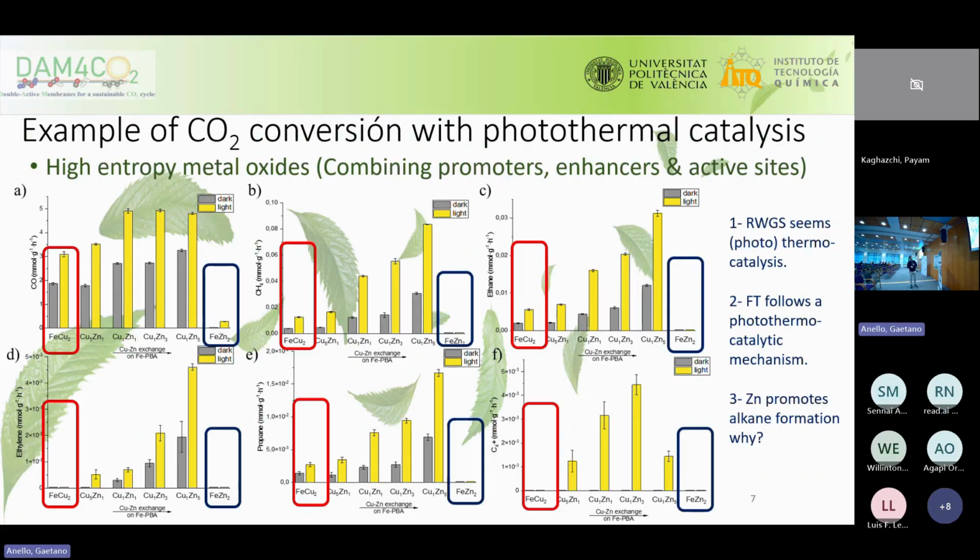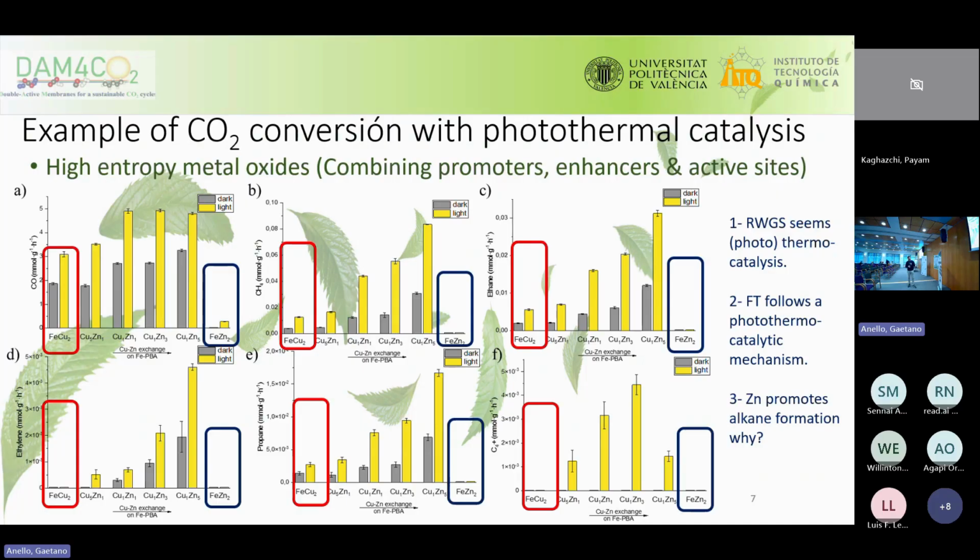In the spectra that you can see is the production of different products that you can find during the reaction. So here the first one is the carbon monoxide. You can see here the gray line is in dark and the blue line is during light.